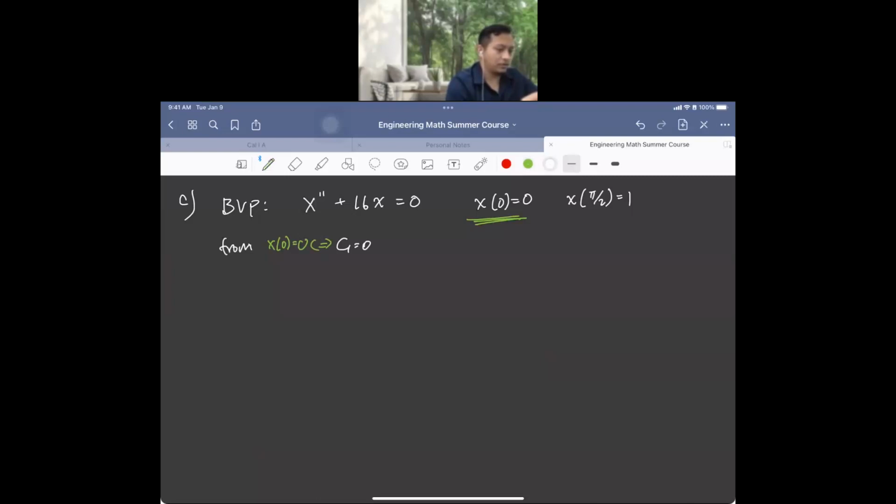And then from the second one, if we apply this, it will lead to c2 sine 4t. Let me write 4t. So it's apply.